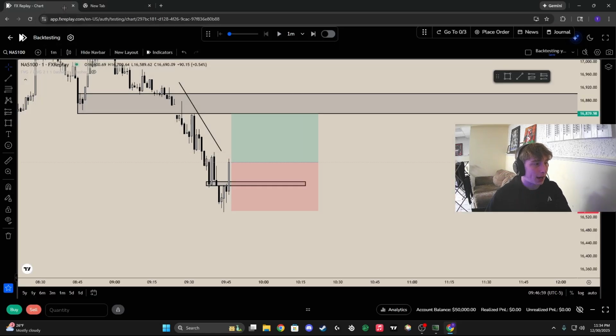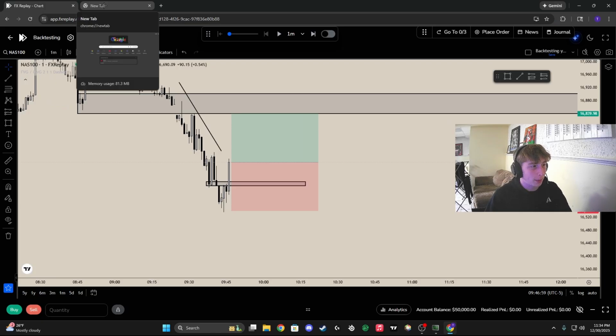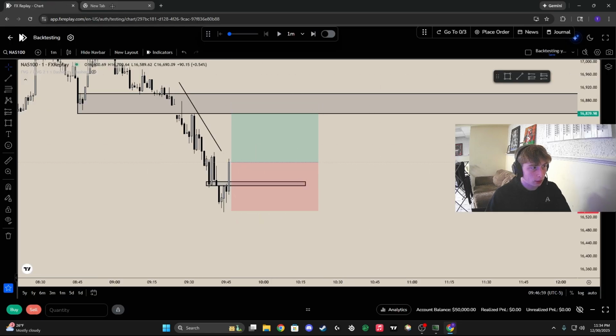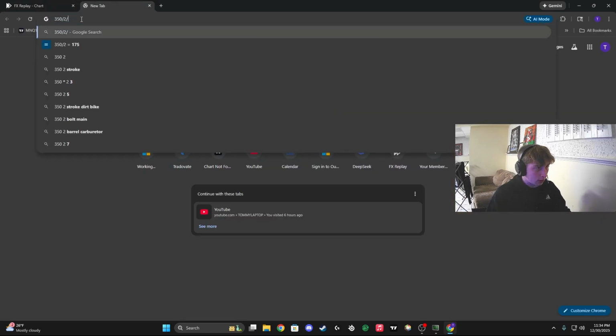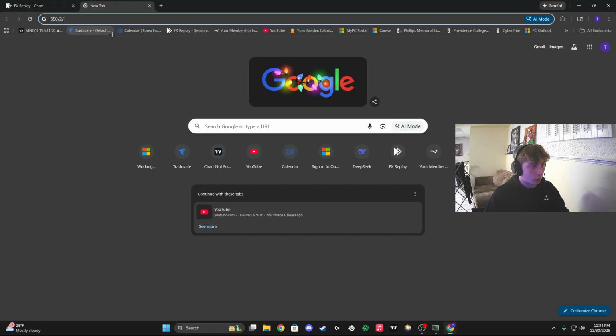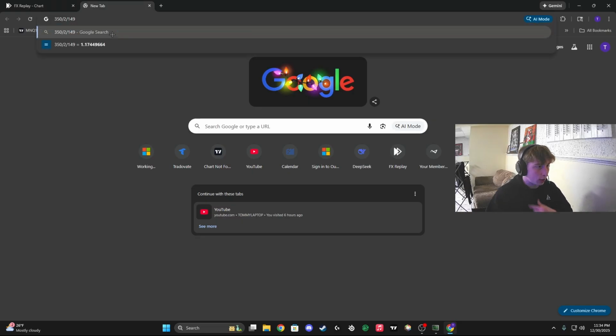But basically the math, it's kind of hard to explain, but the math is pretty much what you want to risk divided by 2, always, because NQ is $2 per point, divided by how many points your stop loss is. So we say 149, and it gives me 1.17, blah, blah, blah. You could just round down or round up. Just know that rounding down will give you less than 350, and rounding up will give you more than 350.